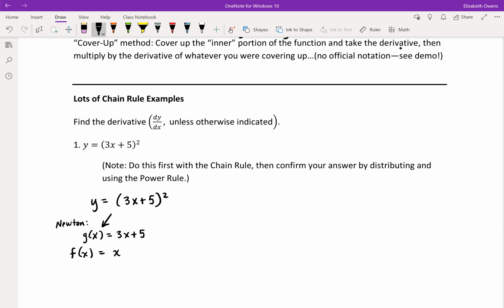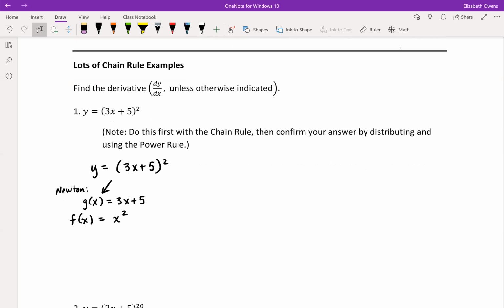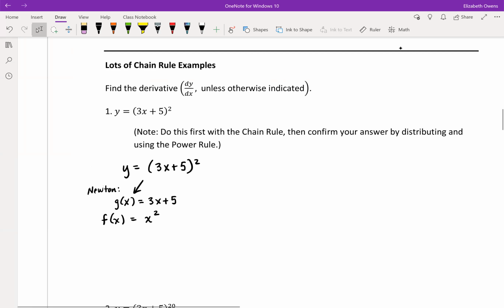So take whatever your input is and square it. All right. So now to get our derivative, we would want y prime. It's going to be f prime of g of x times g prime of x.